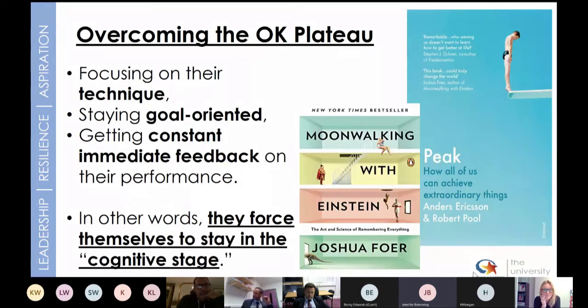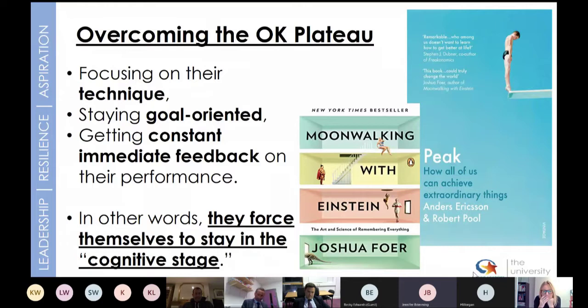So we talk about the psychology of getting better and gaining expertise at particular things. And we looked at these two books here, and what Joshua Ferrer calls the OK Plateau, where people get good enough at their job to be okay at it, so they stop getting better. And research suggests that teachers get there after about 5 years.